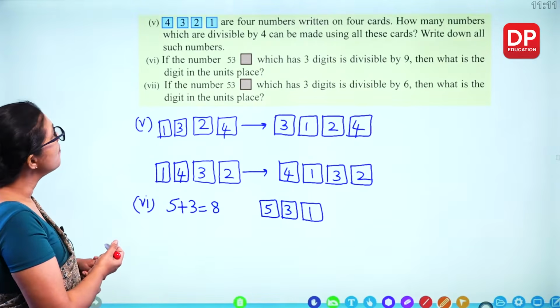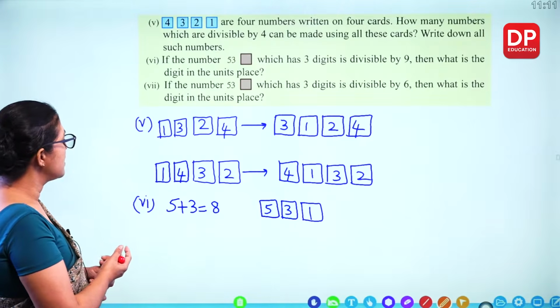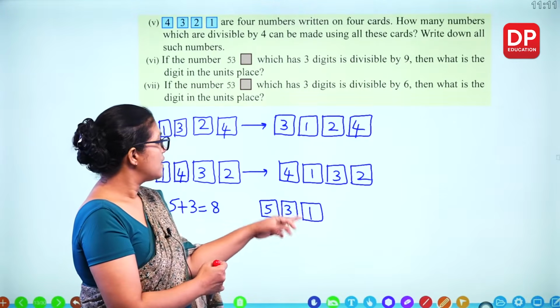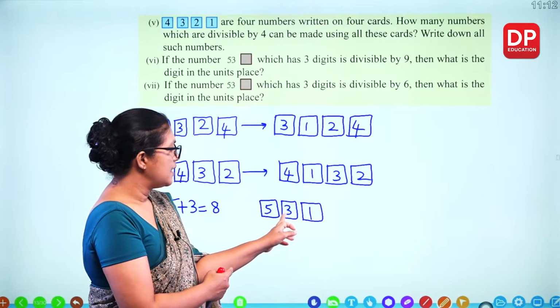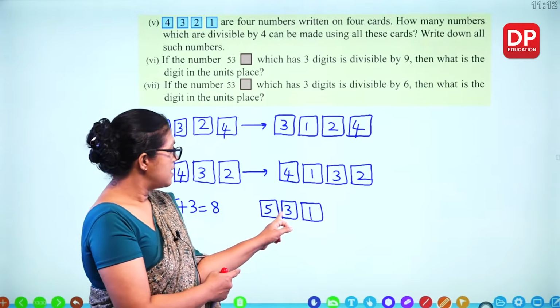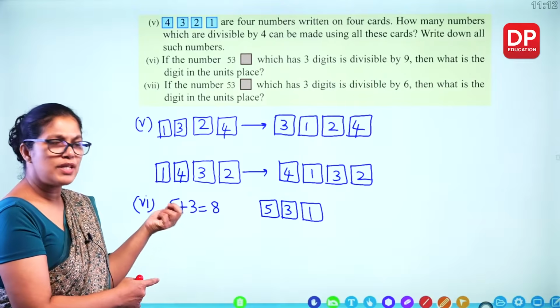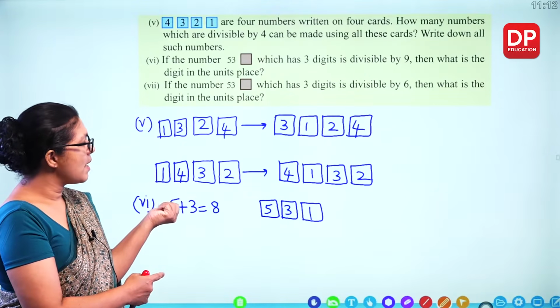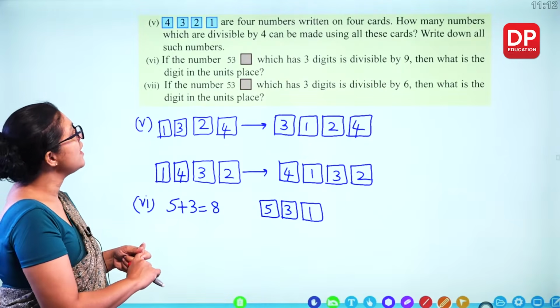And can we put another digit? Can we get the digital root 9 with a bigger number? 5, 3, 8. 8 and 9? 8 and 9, 17. So again you are getting digital root 8. So that's not possible. So 5, 3, 1.